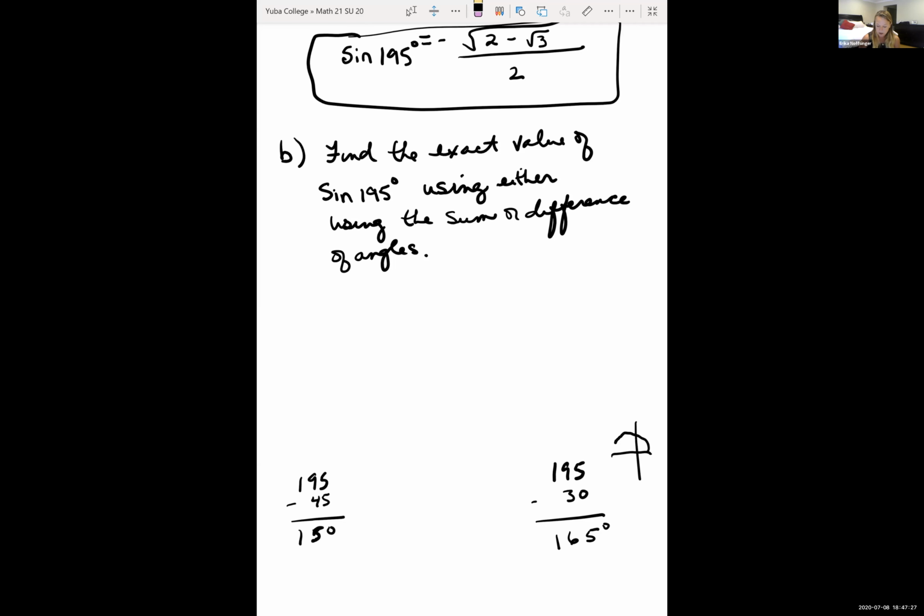So if we rewrite 195 degrees, this is the same thing as sine of the sum of 150 plus 45. And so now we can use the sum of two angles for sine.